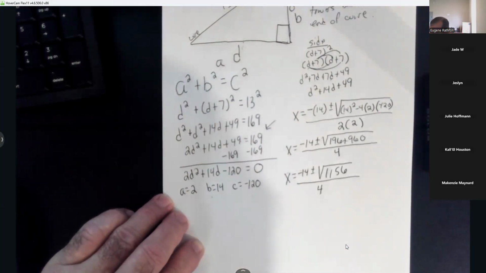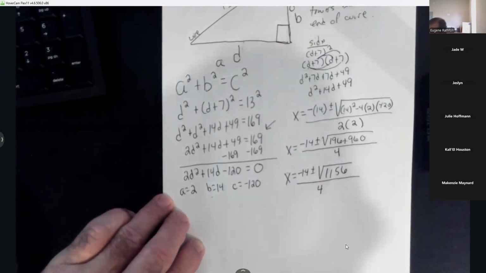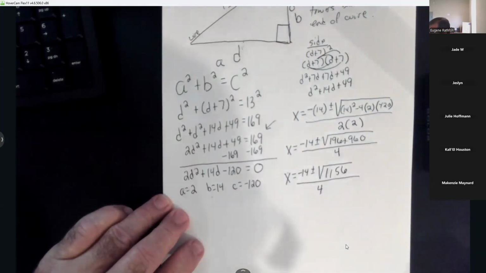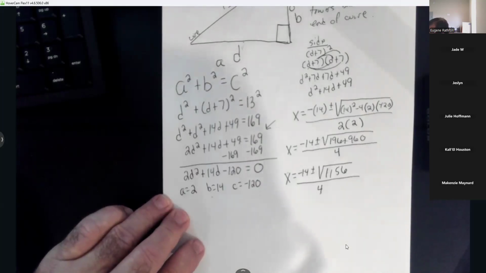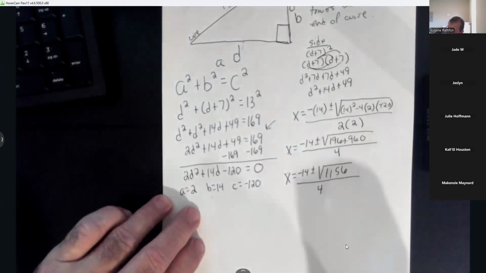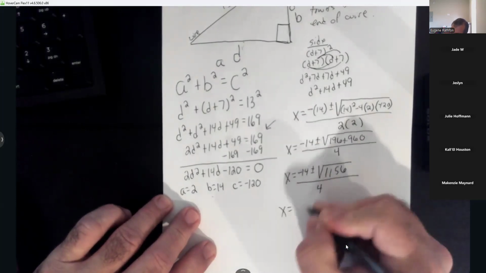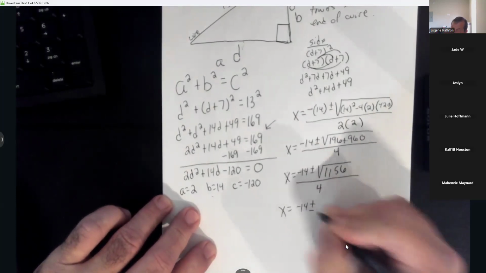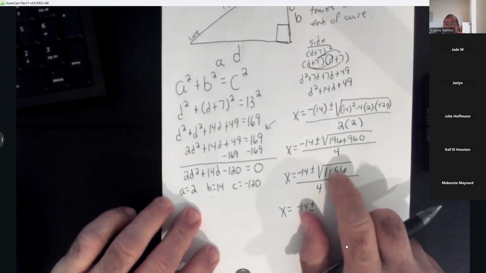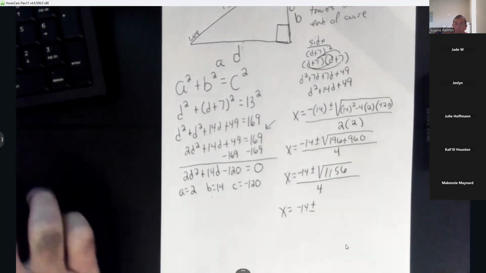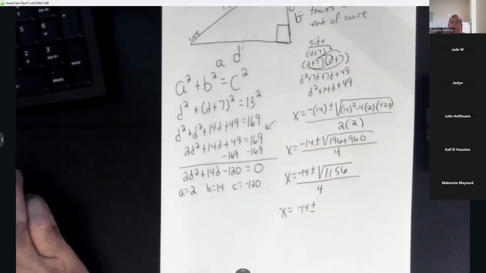Let me make sure I'm right on that. 196 plus 960 is 1156. All righty. Bring down that negative 14 plus or minus. Now on the word problems, these will be perfect squares. So let's go figure out the square root of 1,156. So I'm going to go to my calculator.